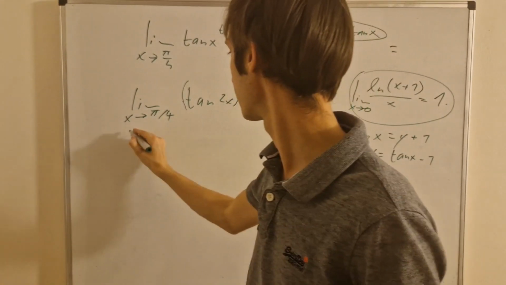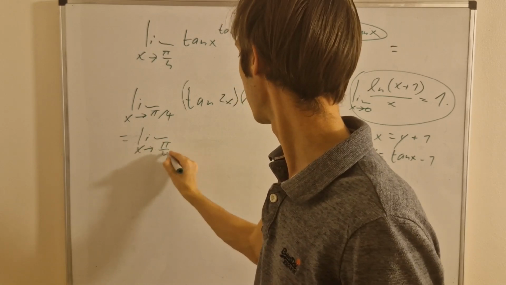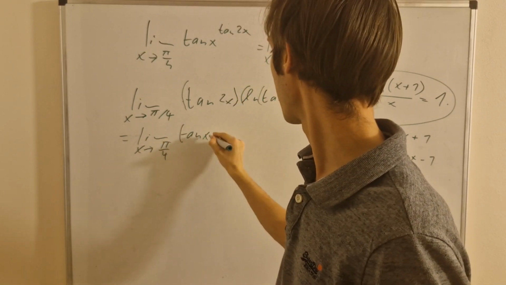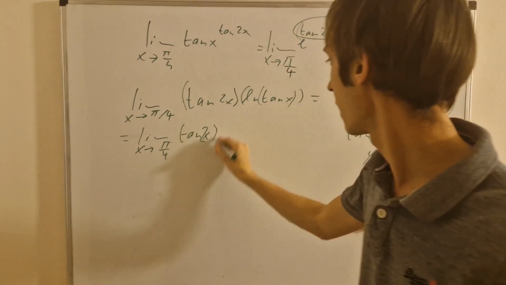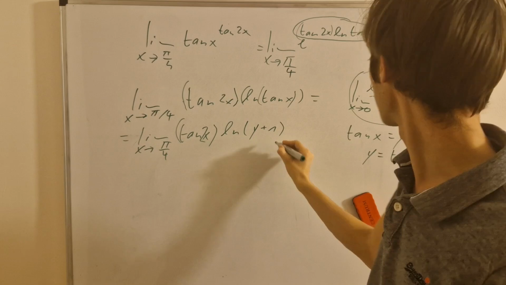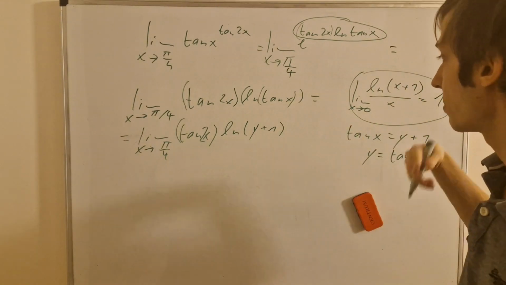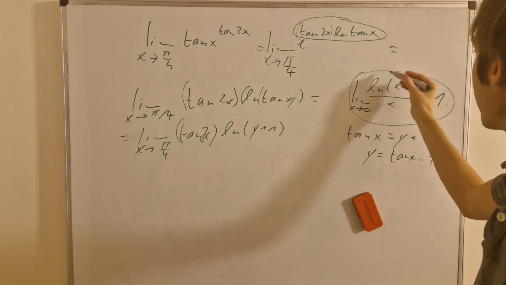That is, this will still equal the limit as x goes to pi over 4. This thing stays for now, 2x, and we multiply by ln of (y plus 1) because we want that, and let's multiply and divide by y, so we get this sort of form already.